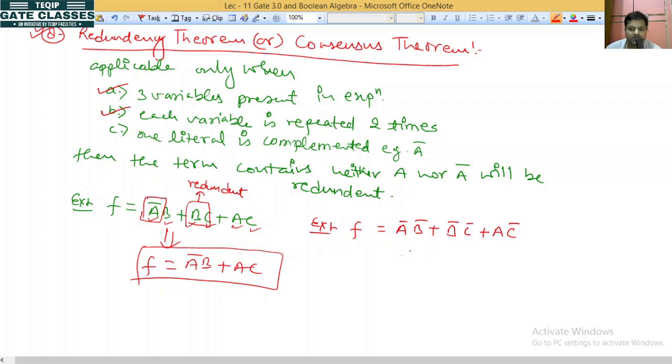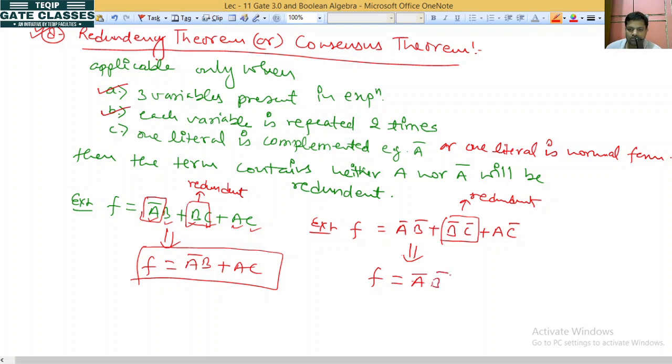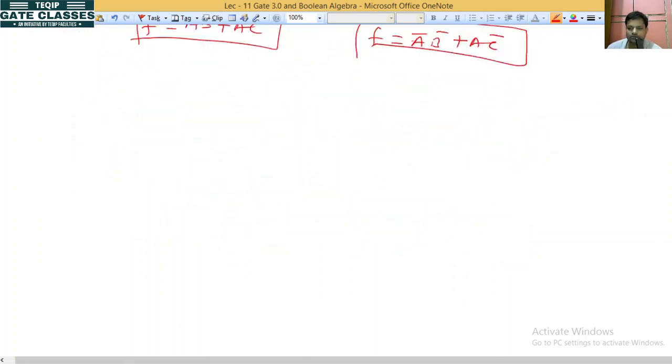One literal is complemented, or one literal is in normal form, then also you can apply this. So which one will be redundant? This one will be the redundant term. So what will be the answer? A bar B bar plus AC bar. This will be the answer. Okay na? If you want to prove it, you can prove.